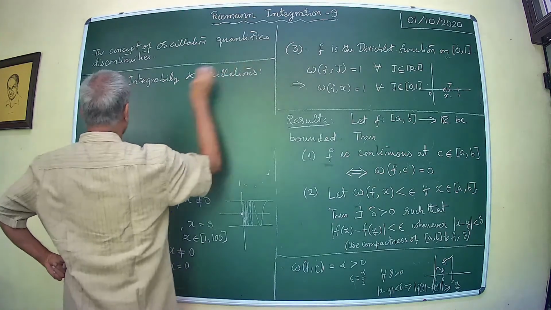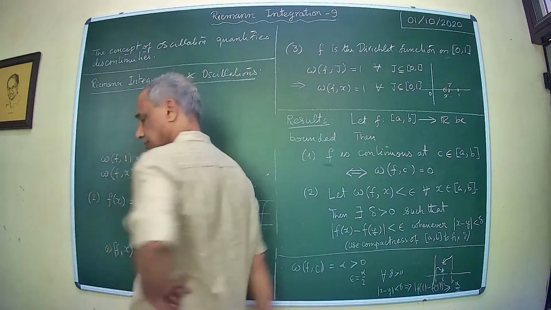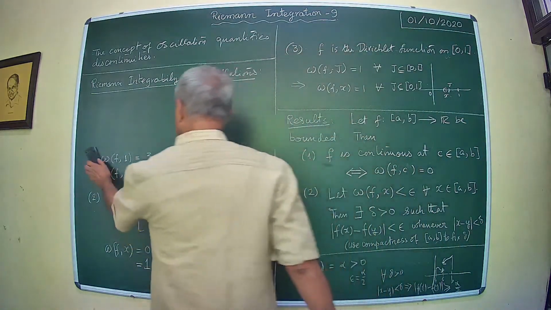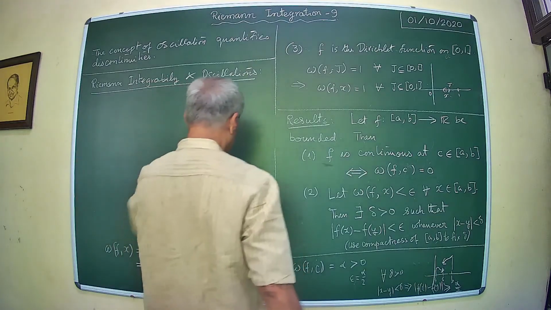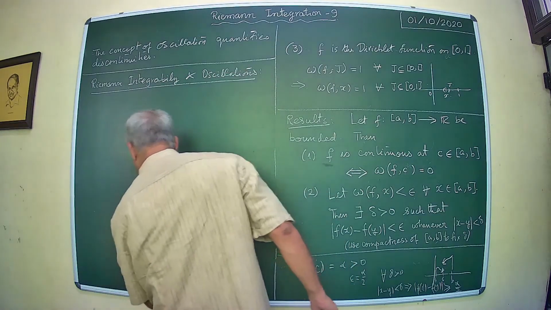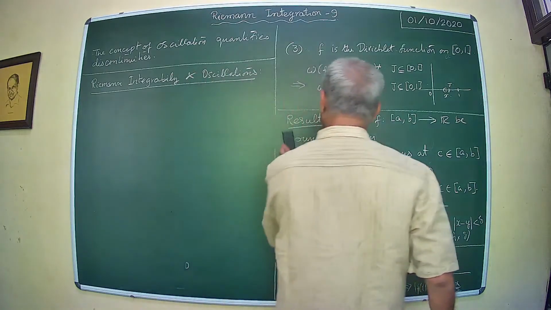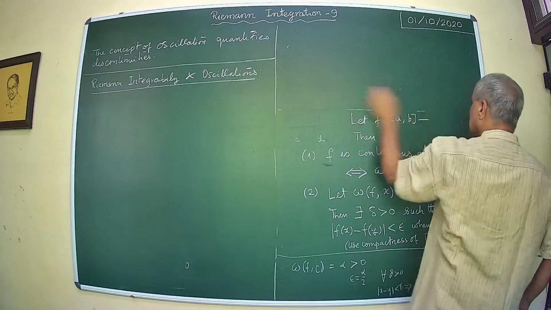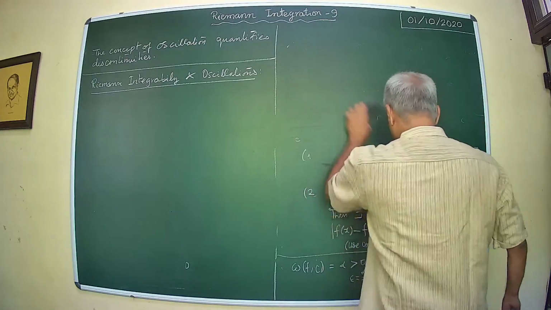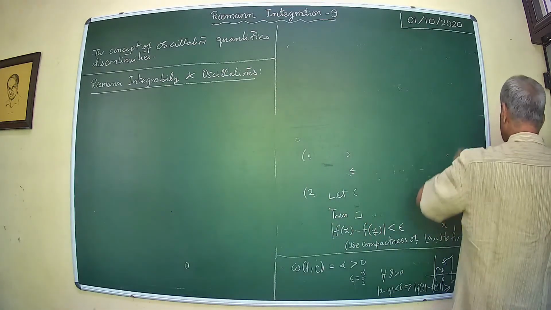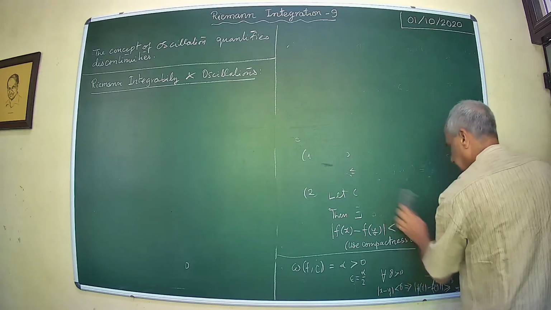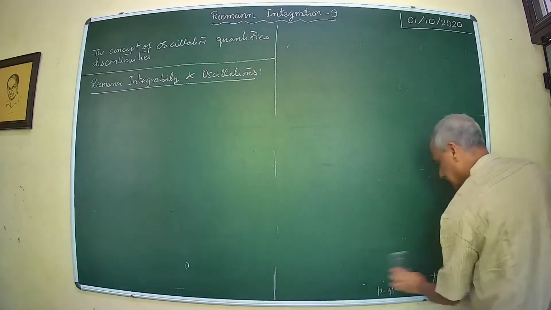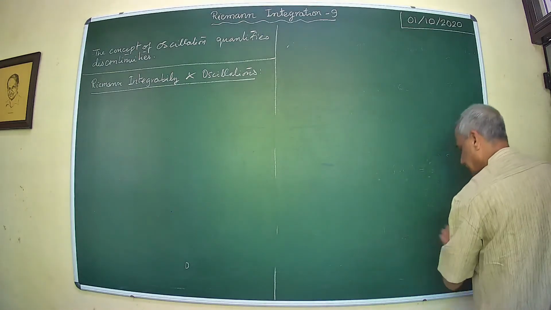This is what we want to look at. How much oscillation can it permit, or at how many points can it have oscillations, so that still the function is Riemann integrable.